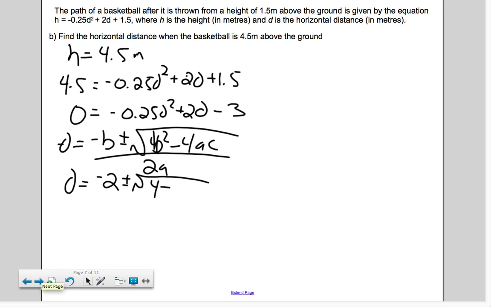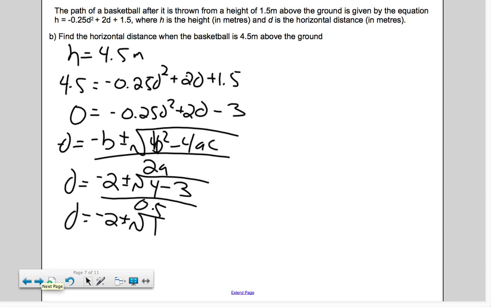Negative 4 times negative 1/4 gives me 1, times the negative 3 gives me negative 3. b squared is positive 4, and 1 times negative 3 is negative 3, all over 0.5. So d is equal to negative 2 plus or minus the square root of 1.